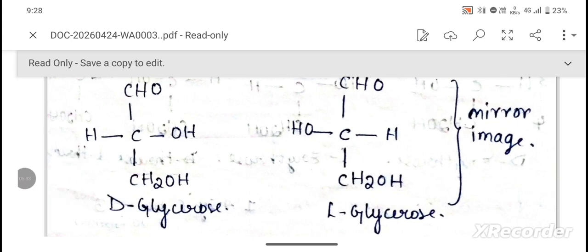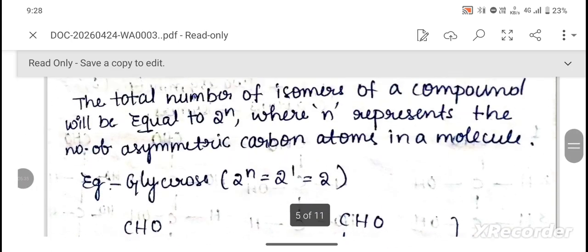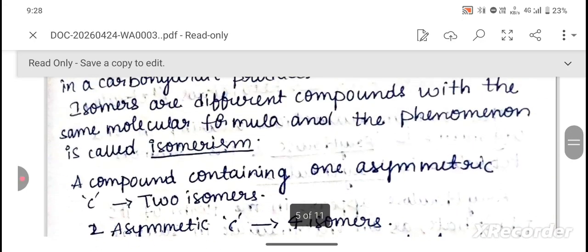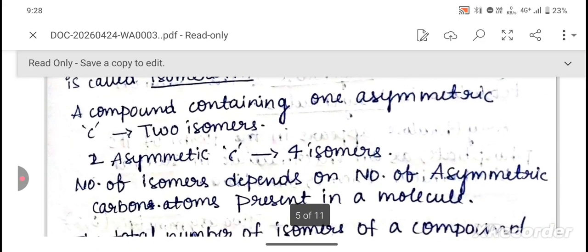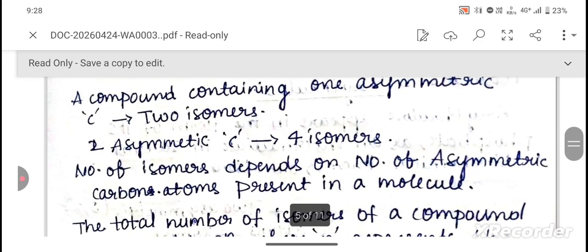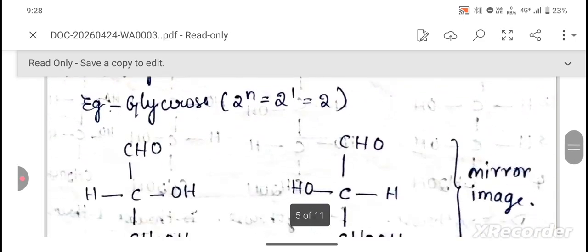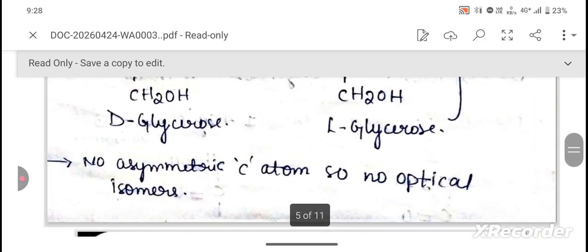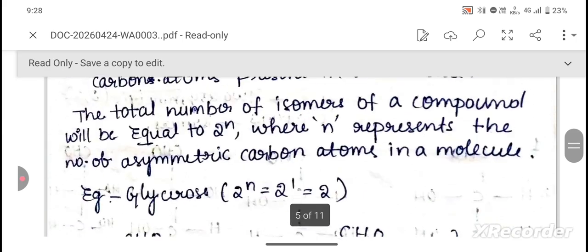I hope you understood about the asymmetric carbon atom and isomer formation. Simply remember that the presence of asymmetric carbon is equal to isomer formation. If the molecule doesn't have any asymmetric carbon atom, no optical isomers will be formed.